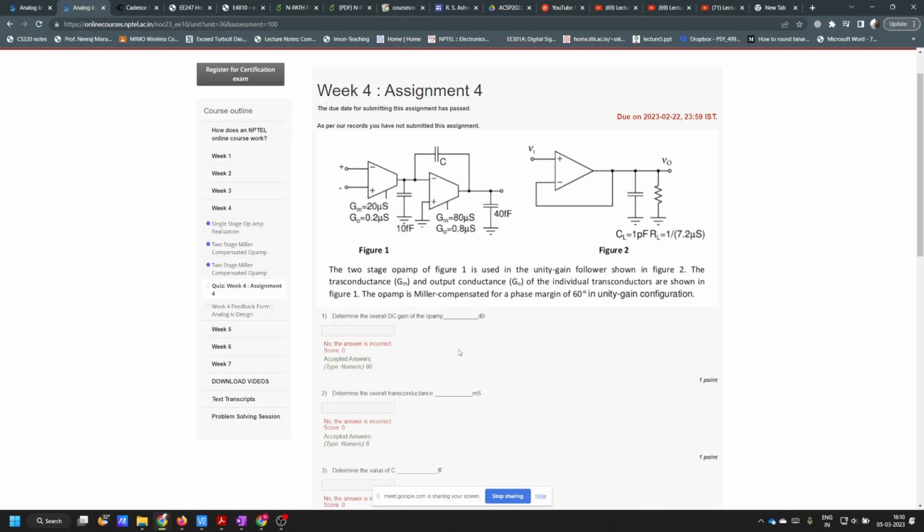My question, sir, is for this CL, what should we put: should it be only this 40 femtofarad, or will the 40 femtofarad and this 1 picofarad be in parallel, like 1040 femtofarad?